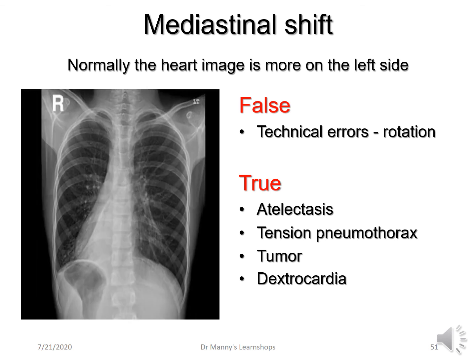There's an example of dextrocardia with situs inversus. Have a look at the gas bubble on the right side, which is why the orientation is telling you this is the right side. So therefore there must be something wrong with the patient. The heart is now on the right side where it should be on the left side. The stomach is on the right side where it should be on the left side.